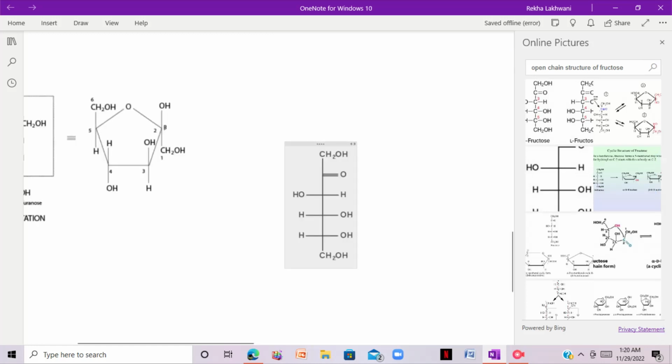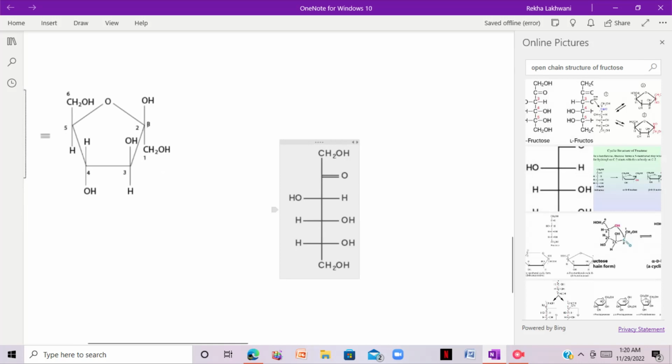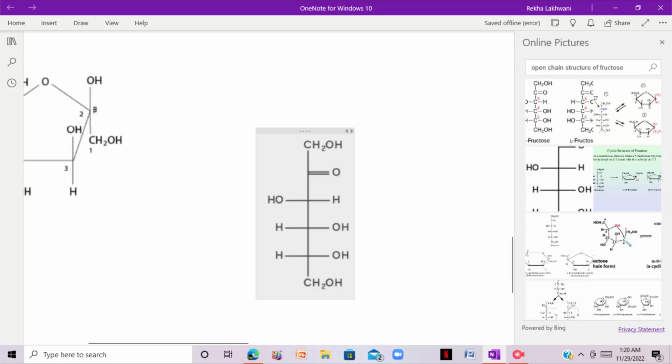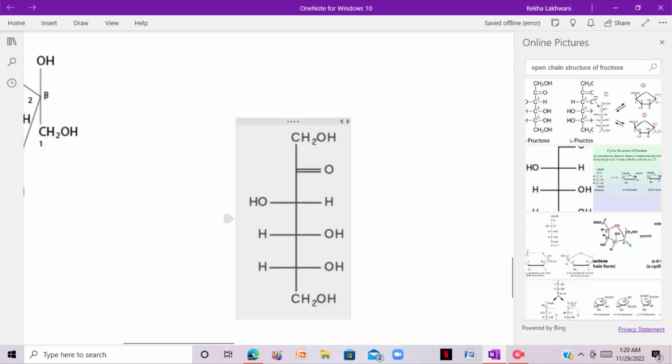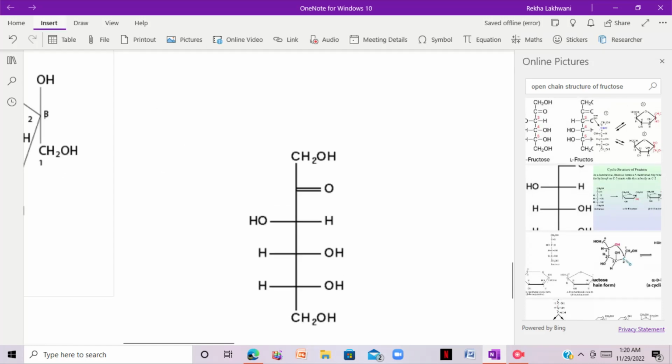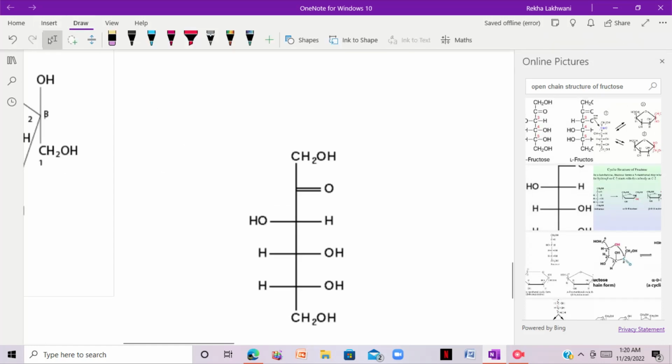Actually, carbon number 5 reacts with carbon number 2, which has the double bond. Always remember that the second last carbon will react with the functional carbon, the carbon which has the double bond, right? So over here it reacts, and in the ring there are only 4 carbons and one oxygen.